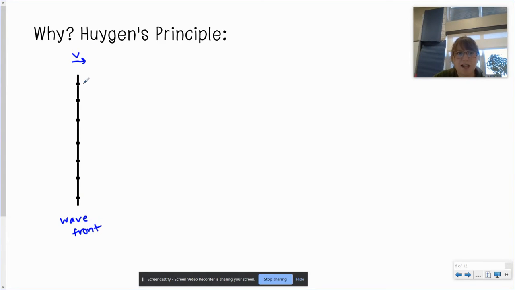Huygens' principle states that every single point on the wave acts as the source of a wave, or a source of a wavelet. Okay, so I'll write that out. Every point on a wavefront acts as a point source.